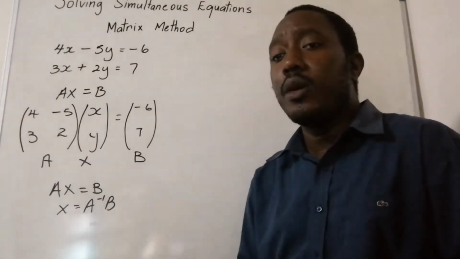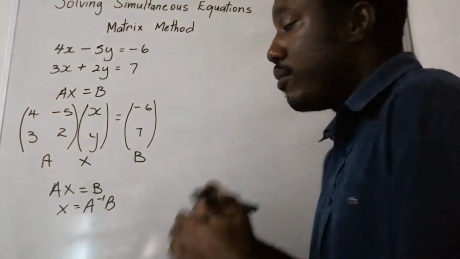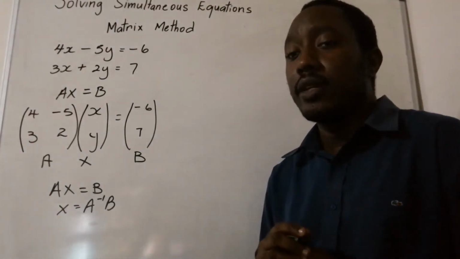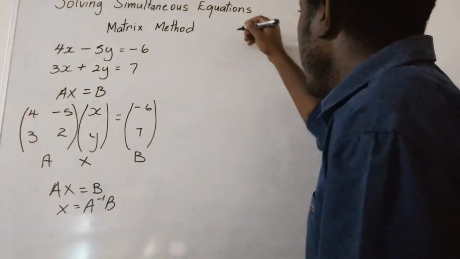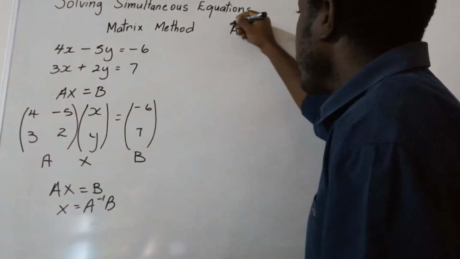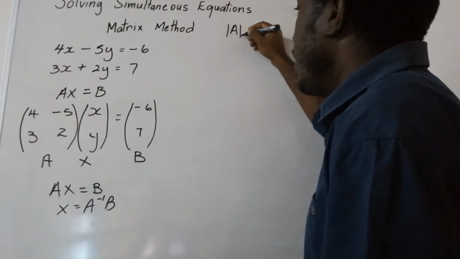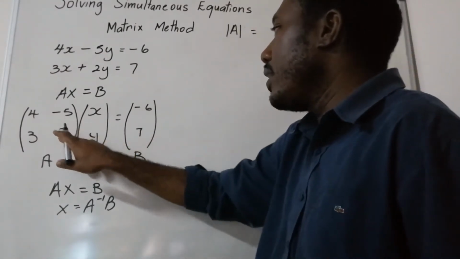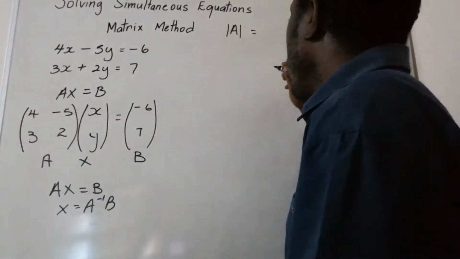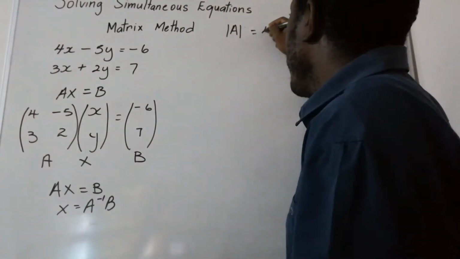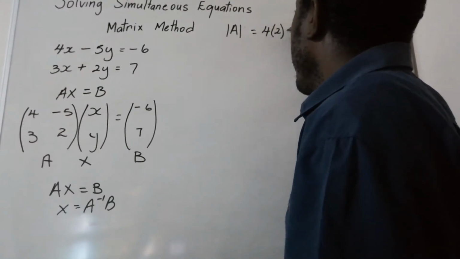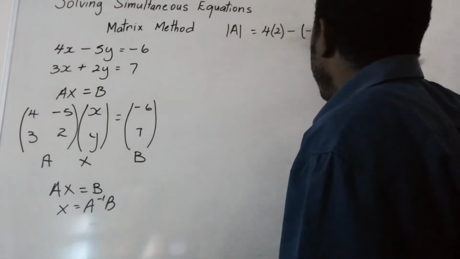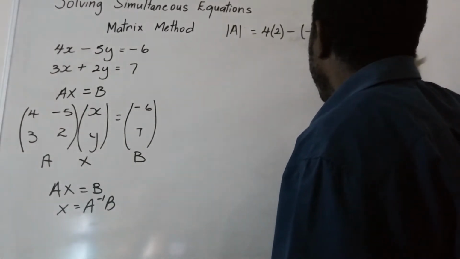Now, how do we go about finding the inverse of A? Remember, first we have to find the determinant. The determinant of A is equal to, with our matrix, the leading diagonal, which is 4 and 2, so 4 times 2, subtract our other diagonal, minus 5 times 3.